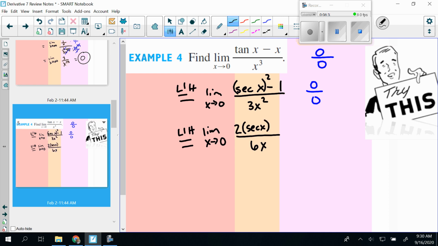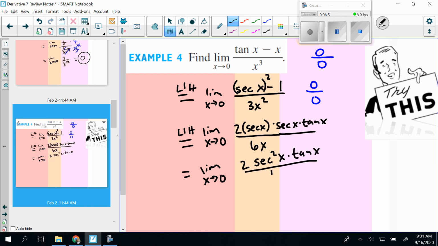New power is going to be 1 on that, and then derivative of the inside, derivative of secant is secant tangent. And our derivative of the 1, like we said, is a constant, that's 0. All right, so now just going to simplify quick. That means we got 2 secant squared x times tangent x over 6x.